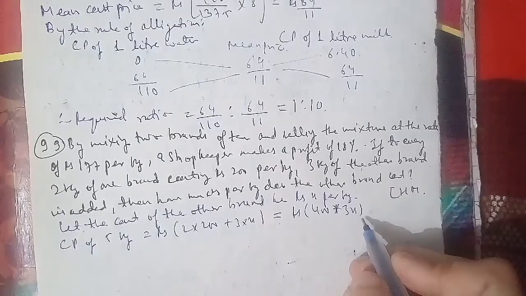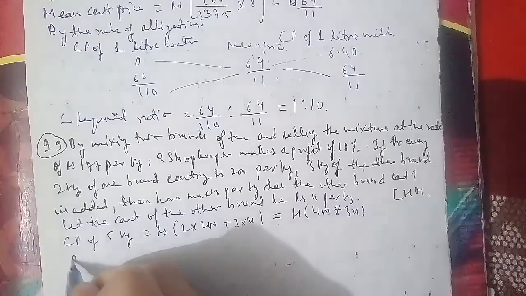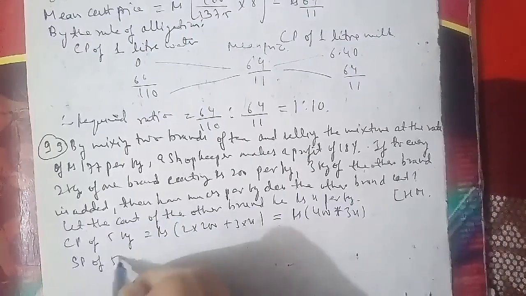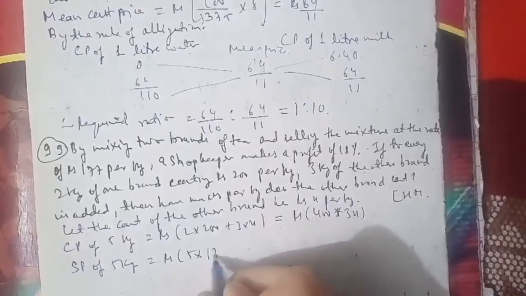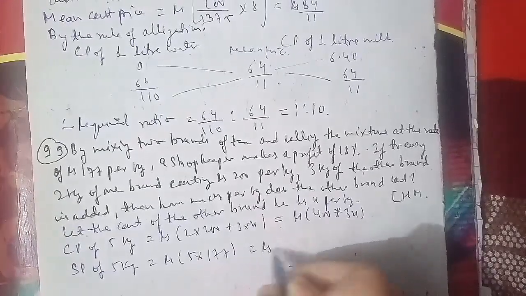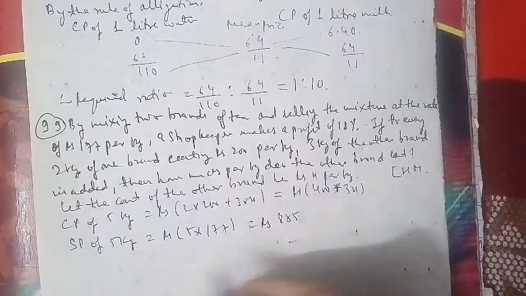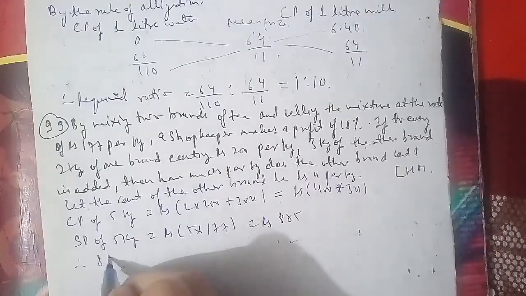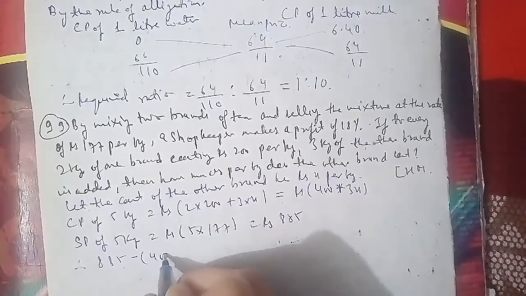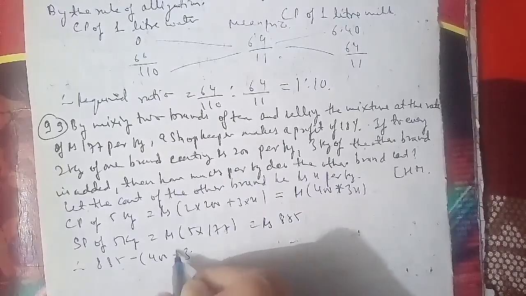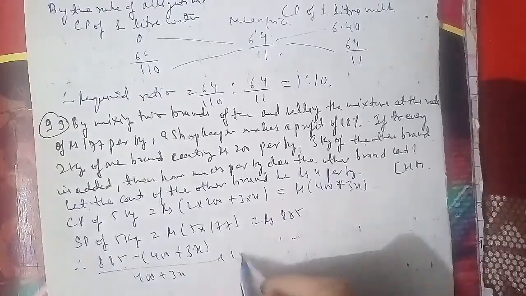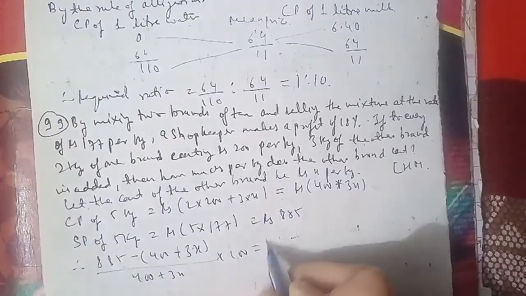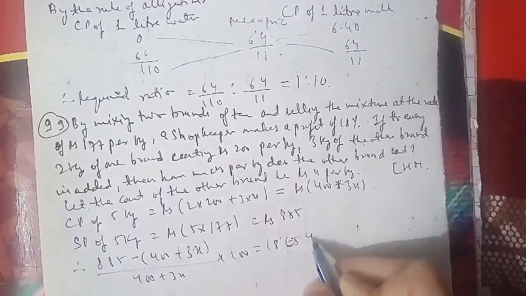So 24250 minus 150x equals 3600 plus 27x, which gives 177x equals 20,650. So x equals 350 upon 3, which gives 116 2 by 3 as the answer.